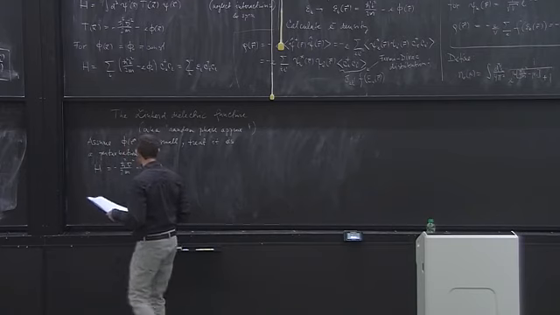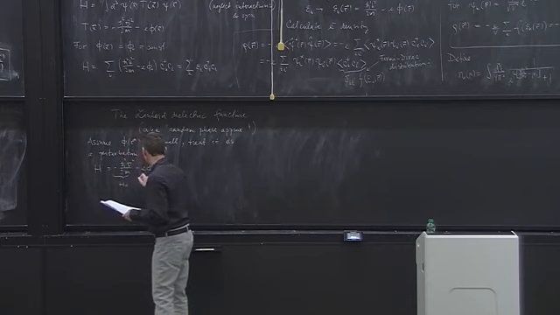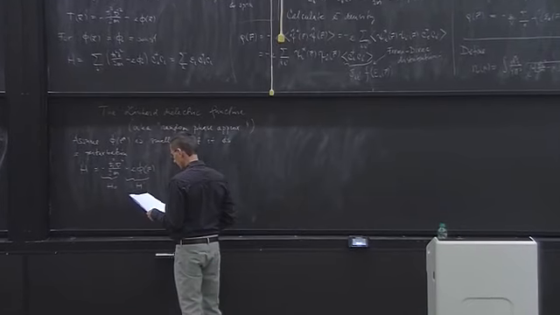So this is our Hamiltonian. And we take this term to be our unperturbed piece, and the second term we take to be our perturbation.